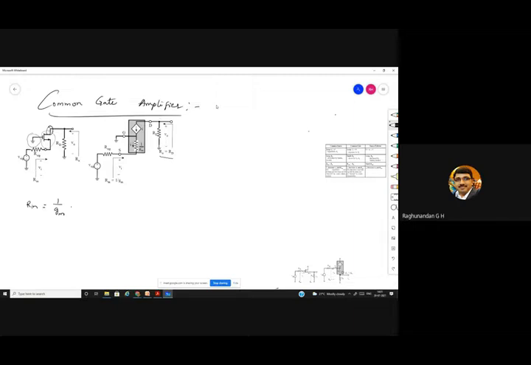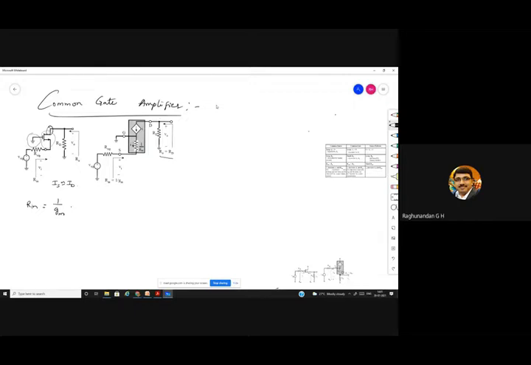So when it takes the maximum input, there will be no chance of amplifying it again, because here you can see that the input is taken across the source and the output is given across the drain. In the majority of cases, we say that IS is approximately equal to ID because the gate current is negligible. So the source current is almost equal to the drain current.